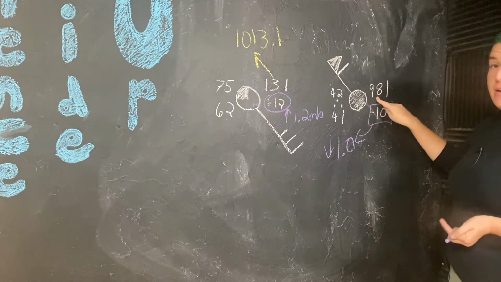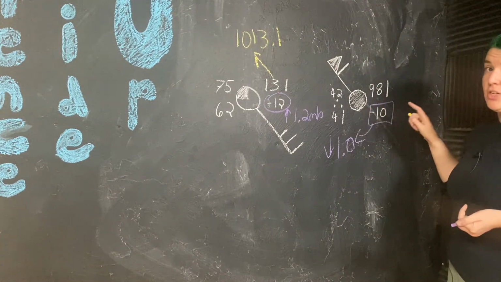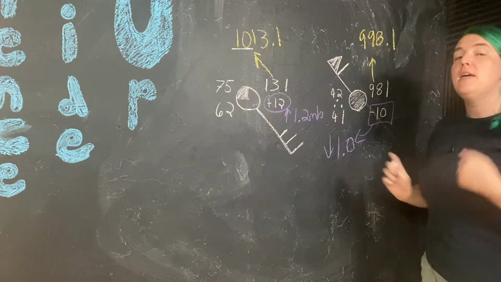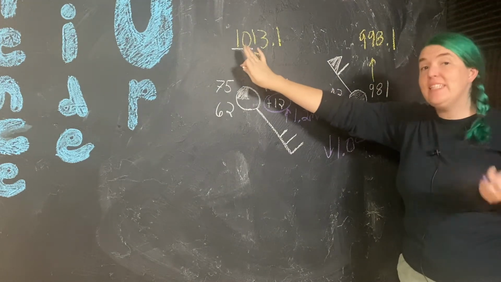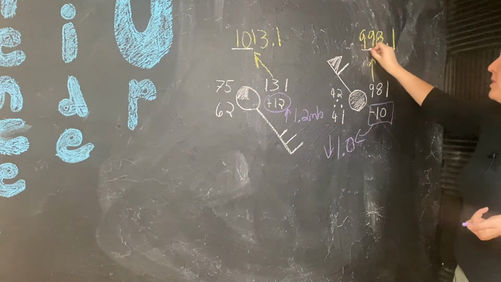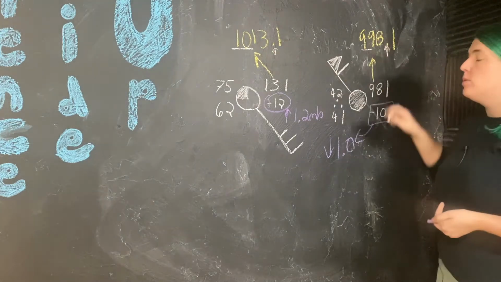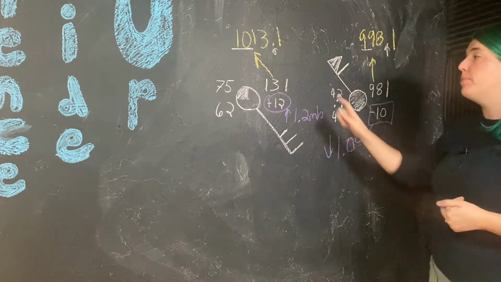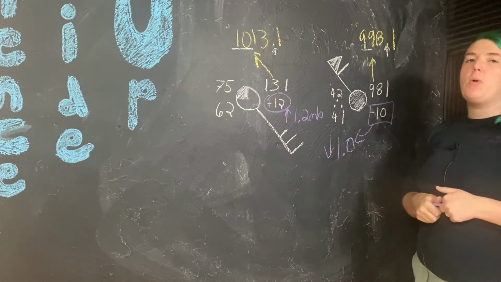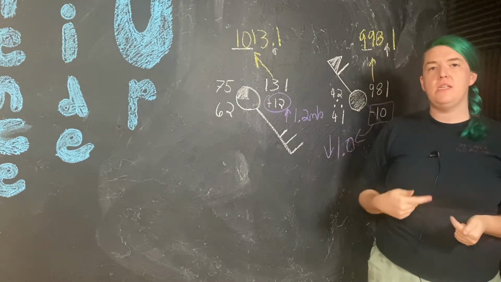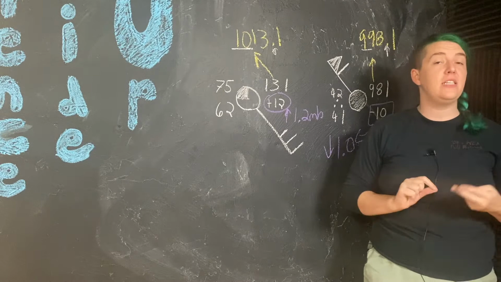And this guy corresponds to 998.1 millibar. In both cases, the leading digit is dropped, and so is the decimal point. So when you are decoding pressure station data, you have to add in the leading number, which will always be either a 9 or a 10.